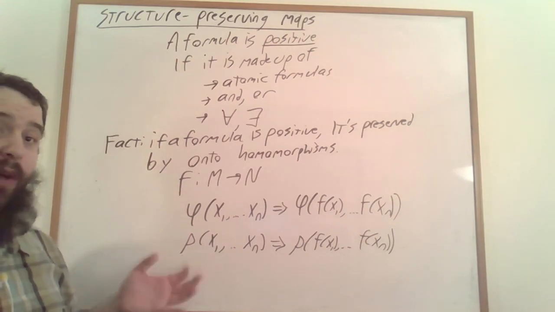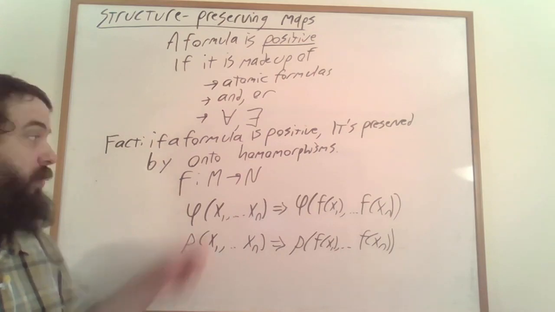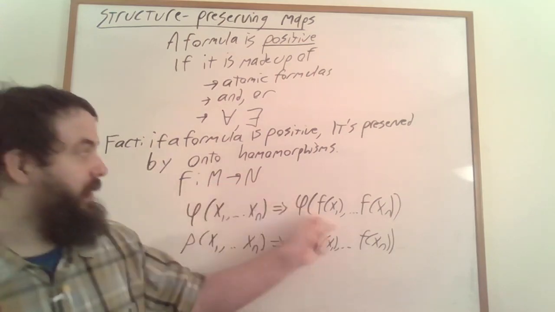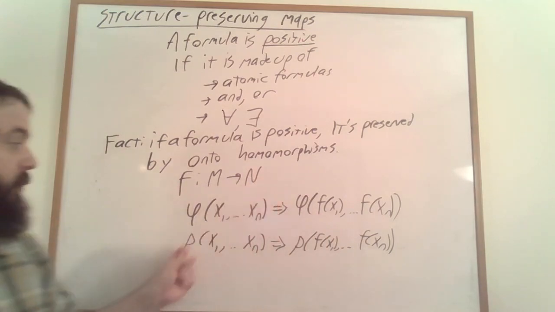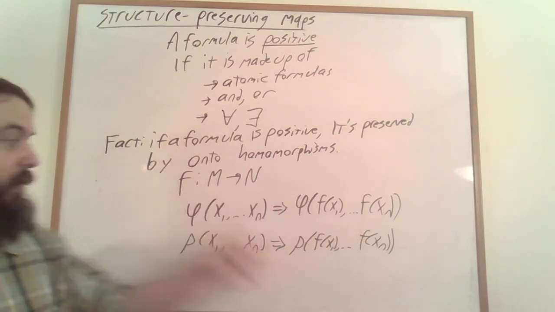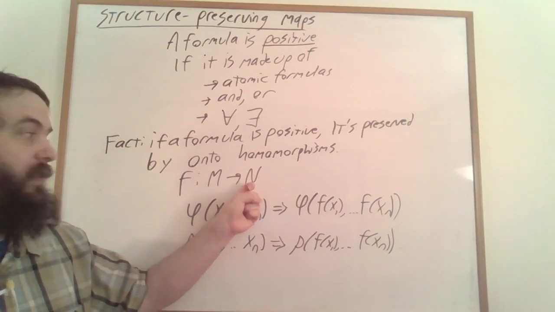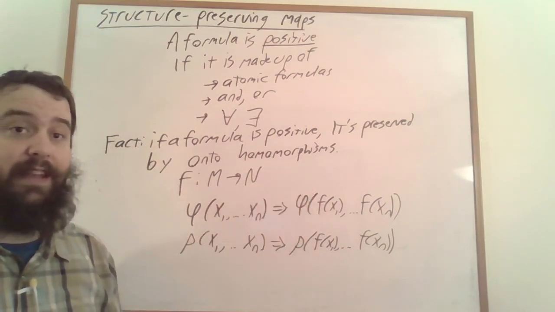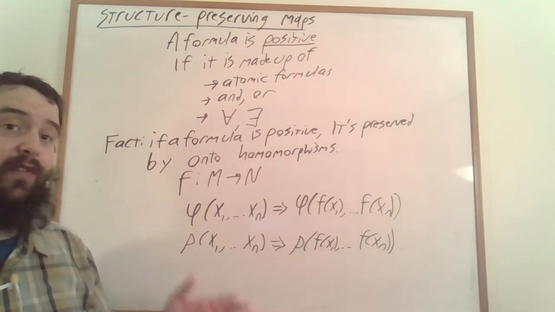Because if we know that phi and rho is true in M, that tells us that phi is true in M, and so phi is true in N, and rho is true in M, so rho is true in N, and so therefore phi and rho is true of the translated elements in N. A similar proof works for or.